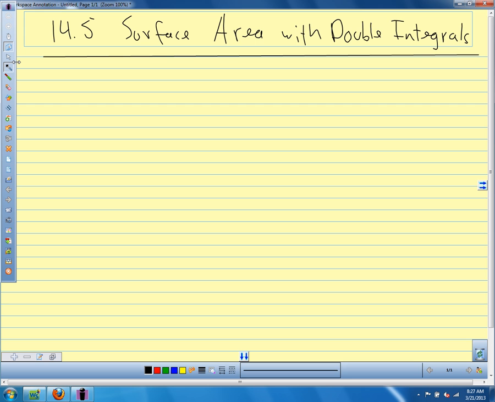Surface area with double integral. So we're going to look at a surface. So we have our surface that we've been talking about pretty much all chapters, z equals f of x, y. So we want the surface area of this surface defined over some region R in the xy plane.